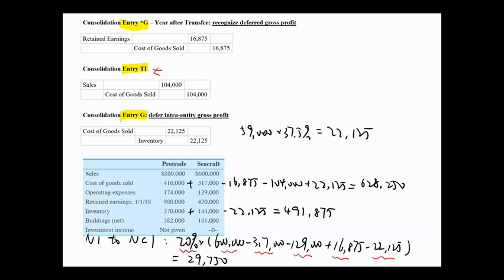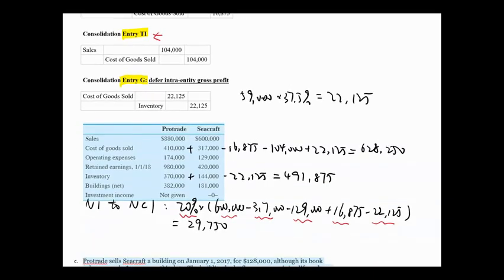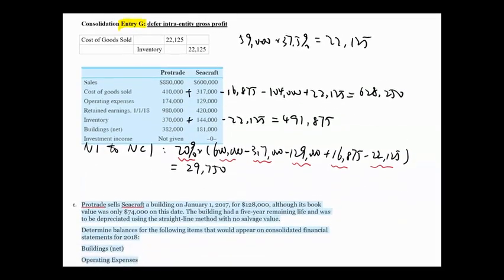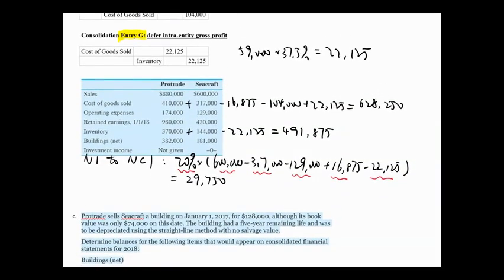We could minus 104,000 in one place, but at the same time we also need to minus 104,000 in another, so they cancel with each other. Alright, so then we have this formula completed, and the total net income allocated to non-controlling interest would be 29,750.